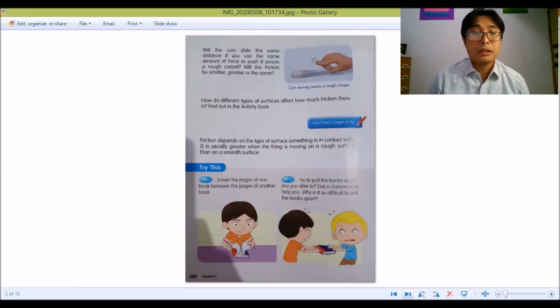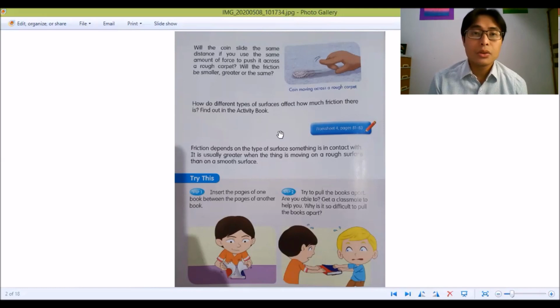So page 140, there is a question here. Will the coin slide the same distance if you use the same amount of force to push it across a rough carpet? So when you use a rough carpet, it means there is more friction on that.